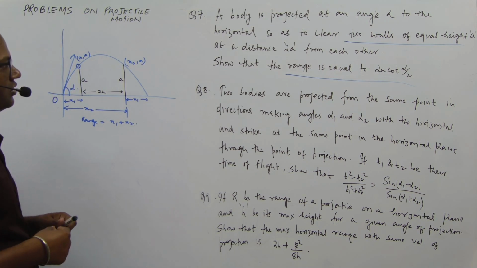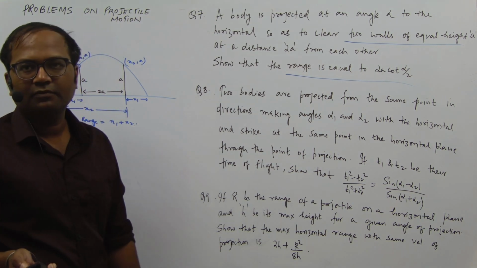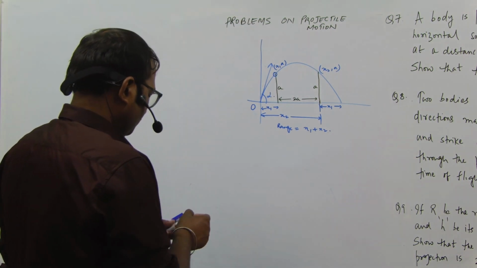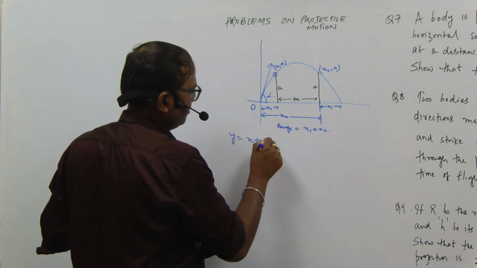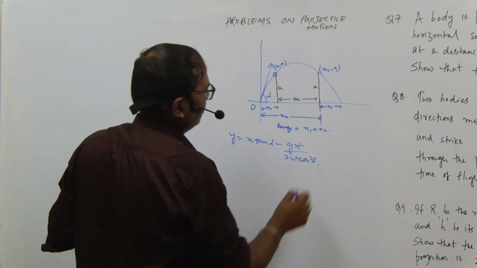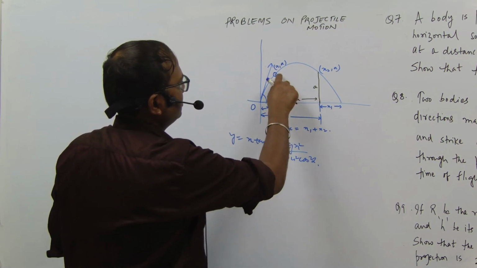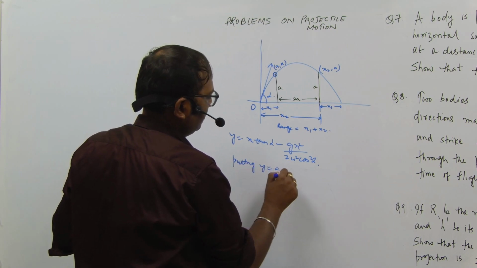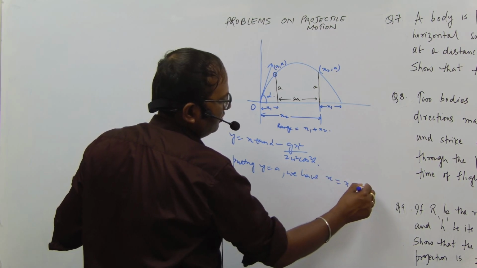Okay, so let us further solve this. We have the equation of trajectory as y is equal to x tan alpha minus gx square upon 2u square cos square alpha. If we put y is equal to a here, we have the coordinates x is equal to x1 and x2.